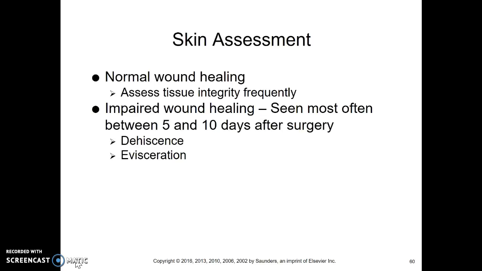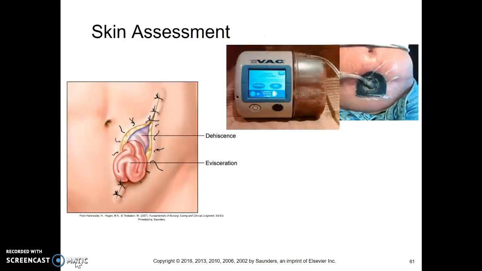Two key complications that can come from poor wound healing, seen most often 5 to 10 days after surgery, are dehiscence, which is a partial opening of the upper layers of skin, and/or evisceration, where the entire abdominal cavity may open. Patients need to be educated a lot about this, because this can happen after they're discharged because of the time frame it generally occurs. This is a picture of dehiscence and evisceration.